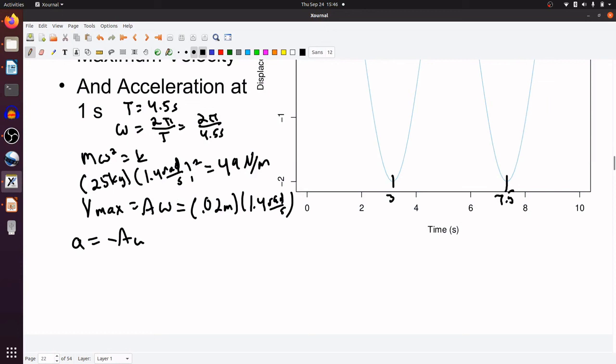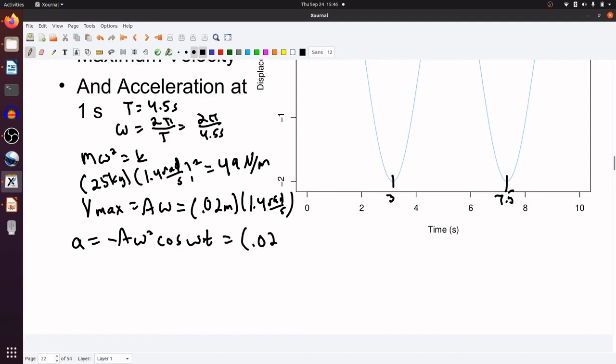So negative A omega squared cosine of omega t. All right, we know A, we know omega, and we know t. So we have all the information we need to solve this problem now.